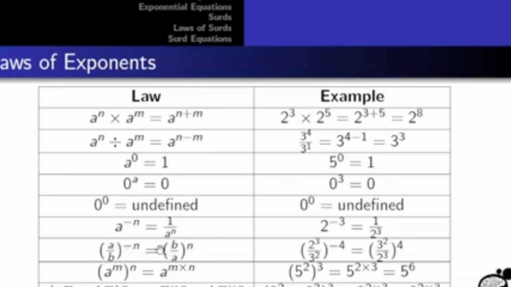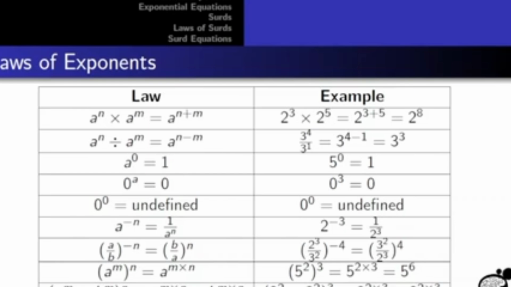And then our next law is when we have bases that are dividing and they are to the power of a negative number. If the exponent is negative, what you do is rearrange: the denominator goes to the numerator and the numerator goes to the denominator, and then your n is going to be positive.